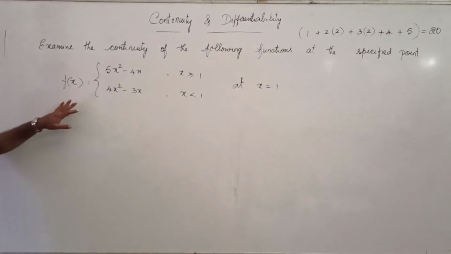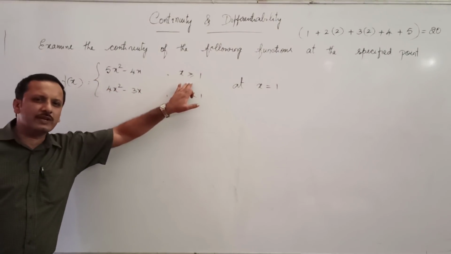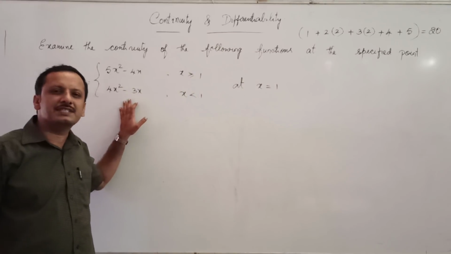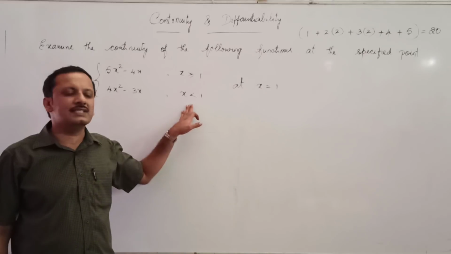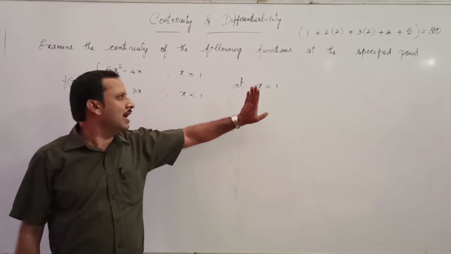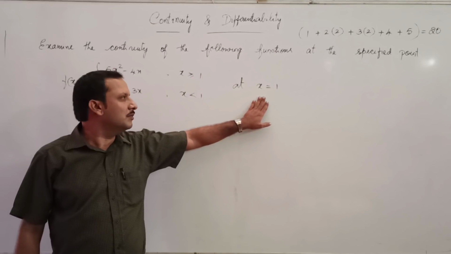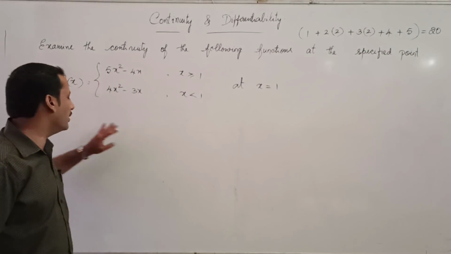So f(x) is equal to 5x² − 4x whenever x is greater than or equal to 1, and f(x) is defined as 4x² − 3x whenever x is less than 1. At x equal to 1, we have to test the continuity of this function.